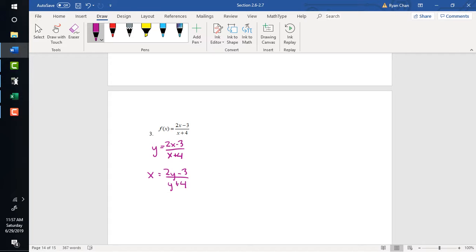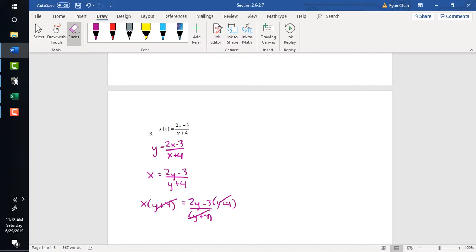Now, the trick is, if I have fractions, I want to get rid of the bottom part. So I'm going to multiply both sides by y plus 4, like this. So this cancels. Or wait, whoops, sorry.